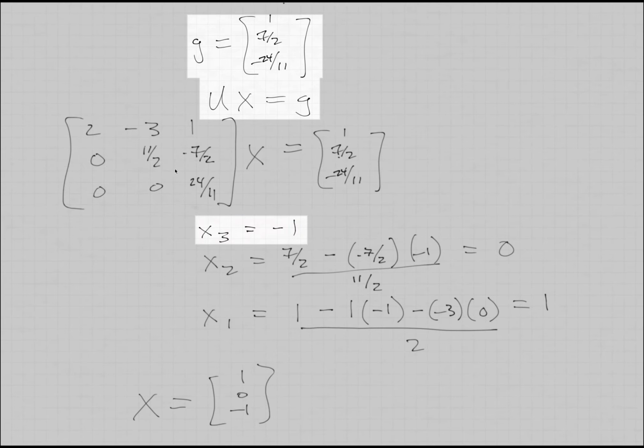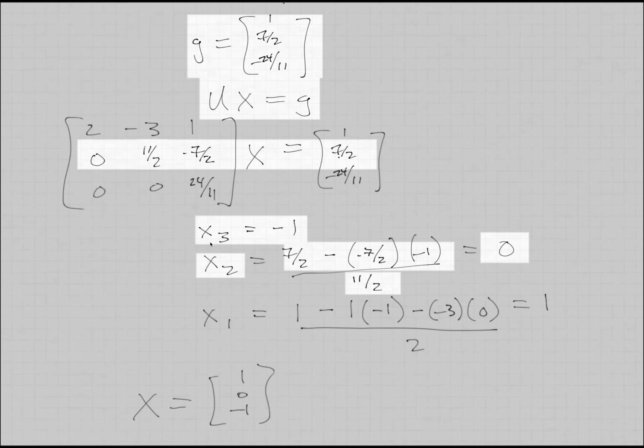In a similar way, the second row says that 0x1 plus 11 halves x2 minus 7 halves x3 equals 7 halves. So we can easily solve for x2 by taking 7 halves, subtracting off this term, which represents negative 7 halves times x3, which we know is negative 1, and then we divide by the coefficient of x2, which is 11 halves. In this case, the numerator is 0, so x2 is equal to 0.